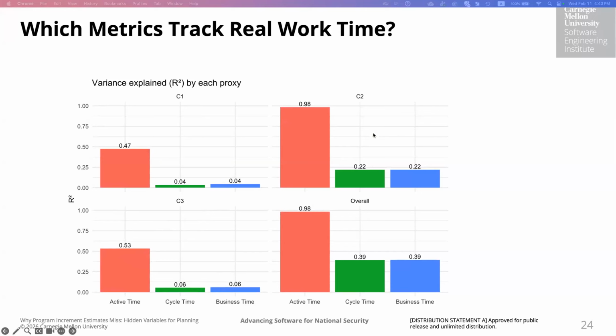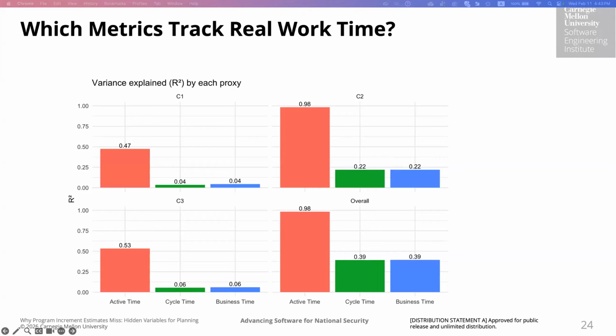But for the large tasks, what we see is that the overall variance explained is around 98%, while the cycle time and business time explain around 22% of that. But the one thing to note over here is that performance is not uniform across task sizes.